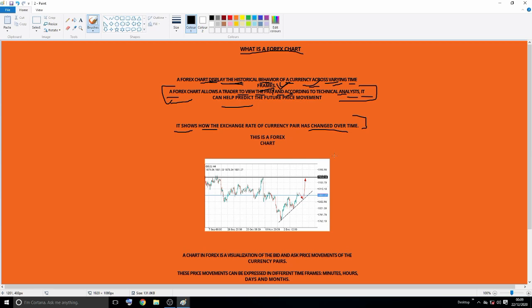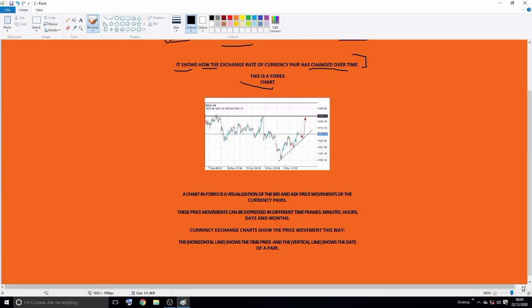So if you are looking at the Euro USD forex chart, you can see when the Euro USD was high and when it was low. Basically it shows you each and every move that pair did and when it did it.